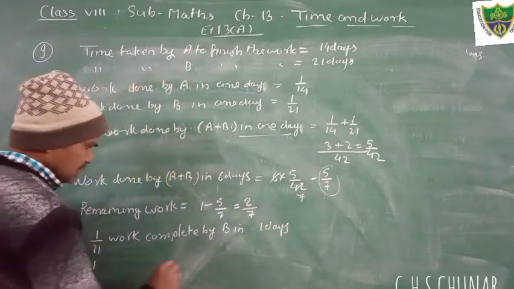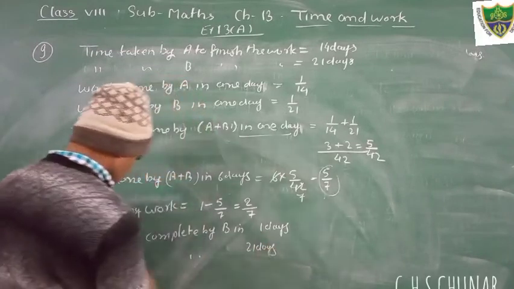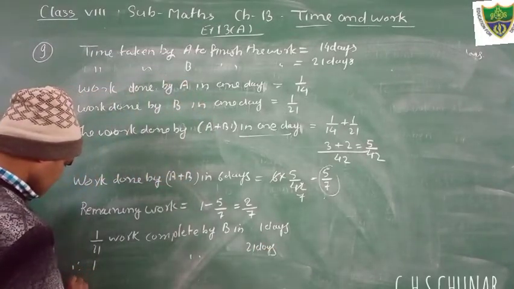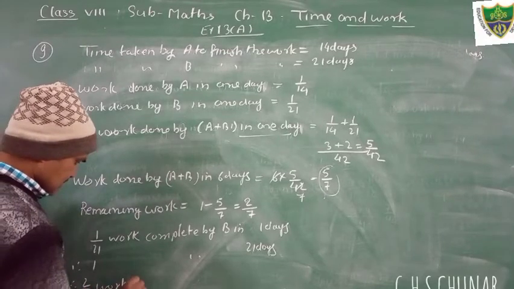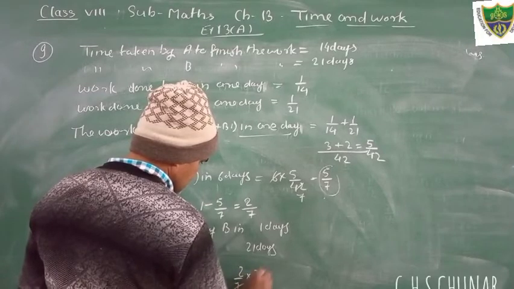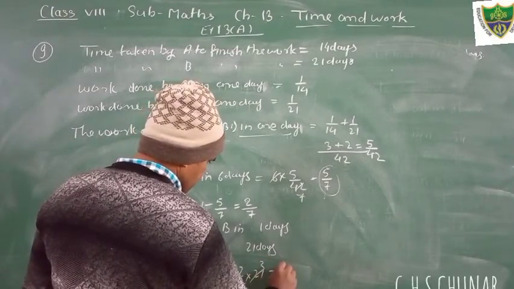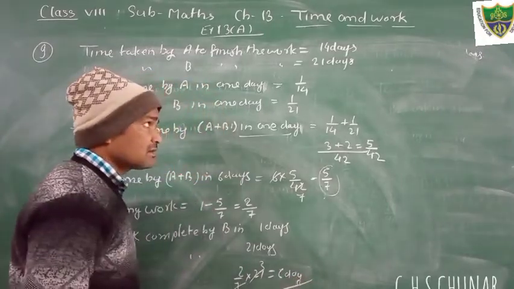So one work takes 21 days. So 2 upon 7 work takes 2 upon 7 into 21, that is 6 days.